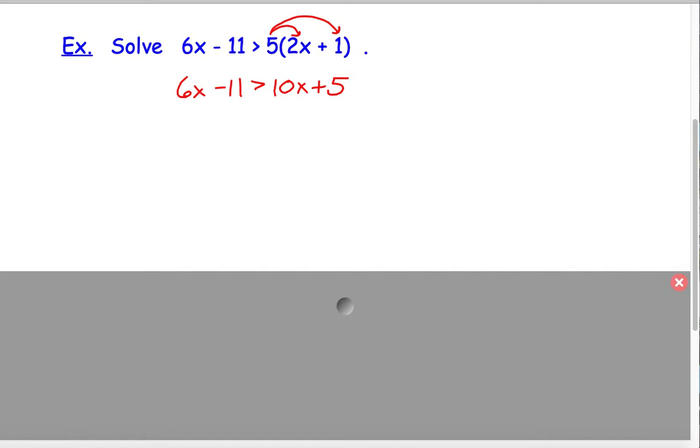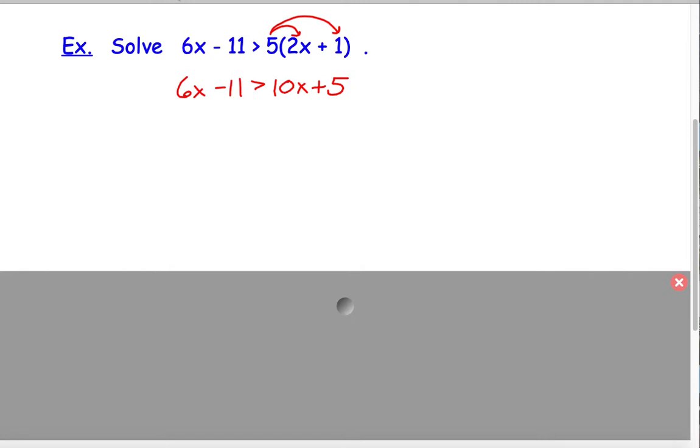So what we could do is take away 10x from both sides. If you don't like doing that, we could take away 6x from both sides. And either way is fine. We also could subtract 5 from both sides to start, or add 11 to both sides to start. It's totally up to you.